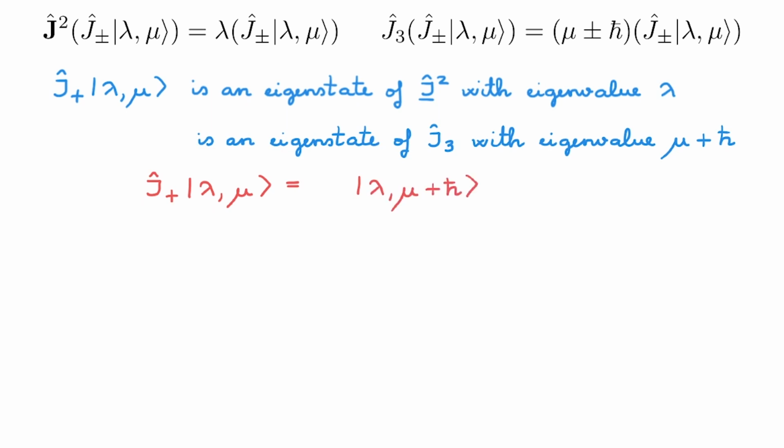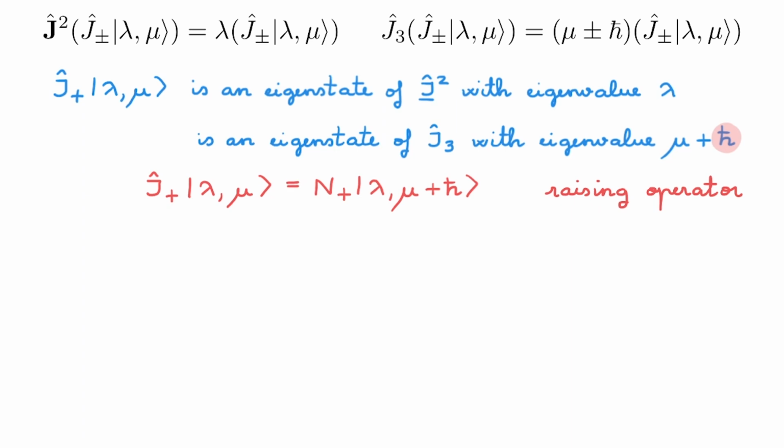And in general, we will have some normalization constant in front, which we're going to call N plus. So what does J plus do when acting on an eigenstate of J squared and J3? It simply gives us another eigenstate of these two operators, but the J3 eigenvalue has been raised by a constant h bar. And this is the reason why we call J plus a raising operator.